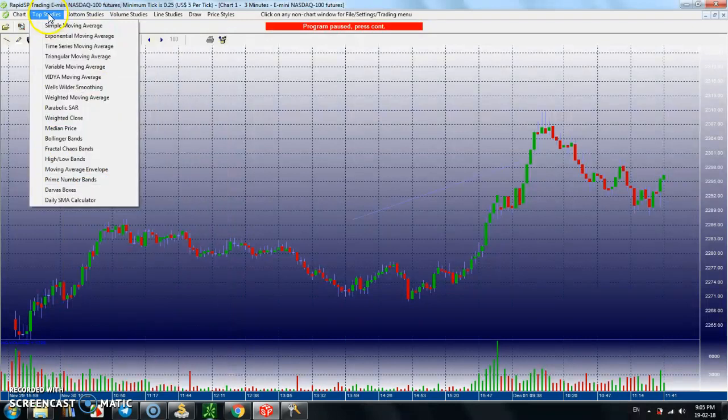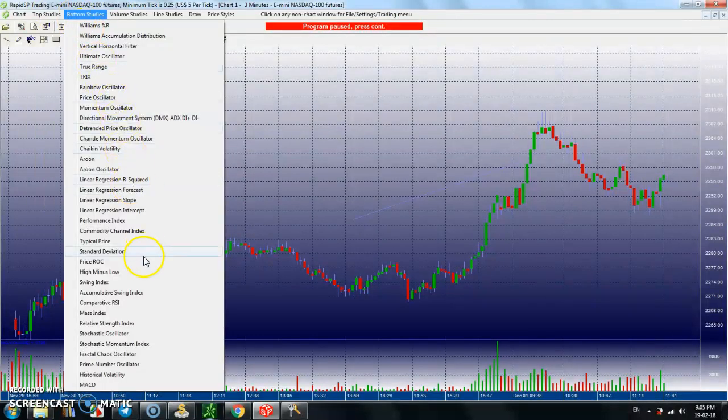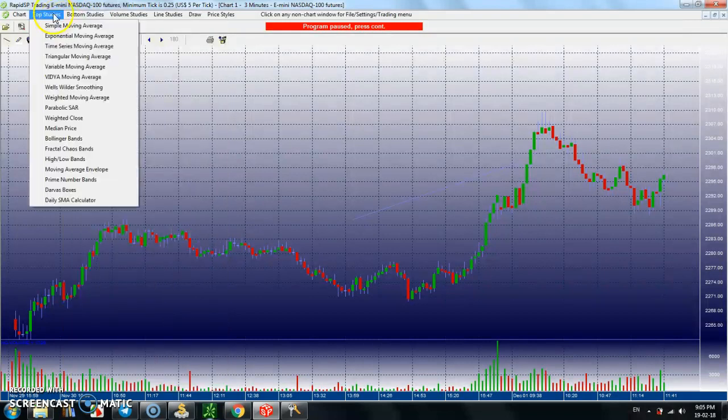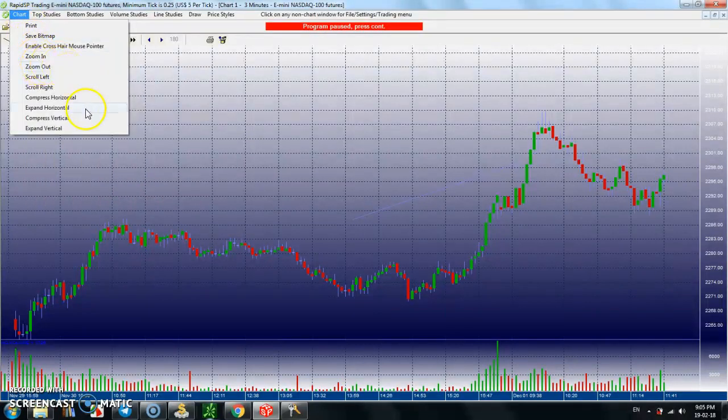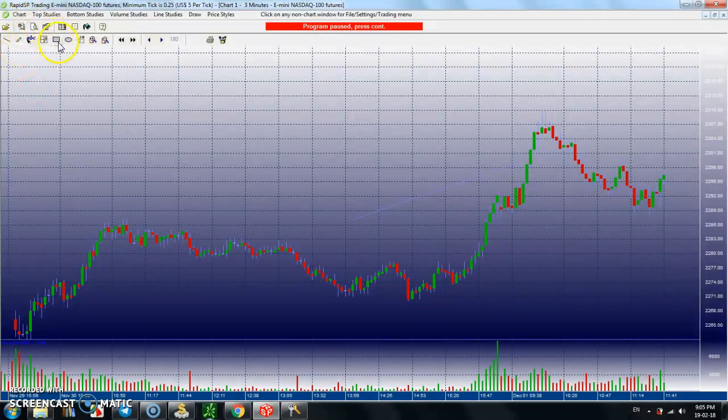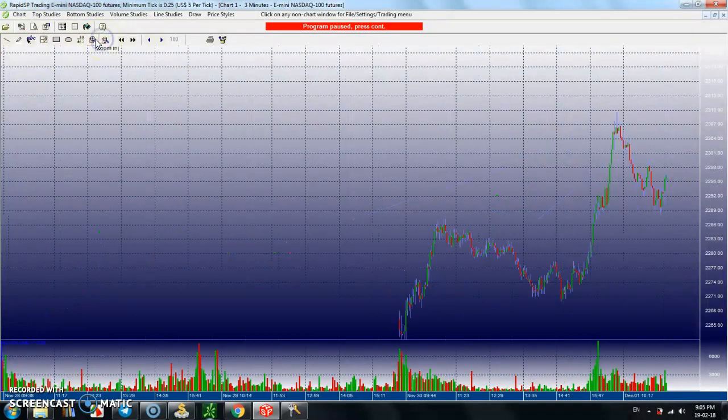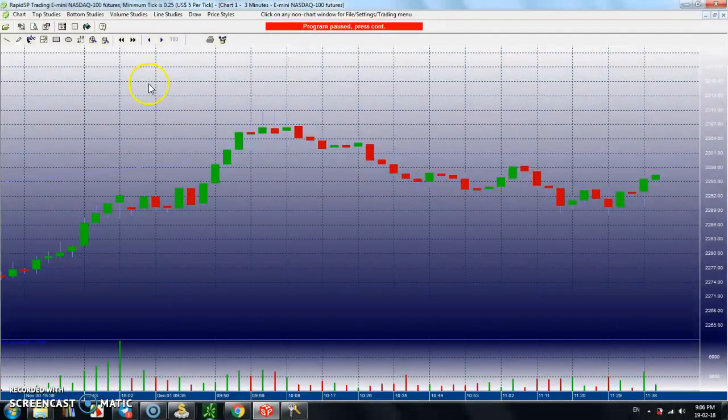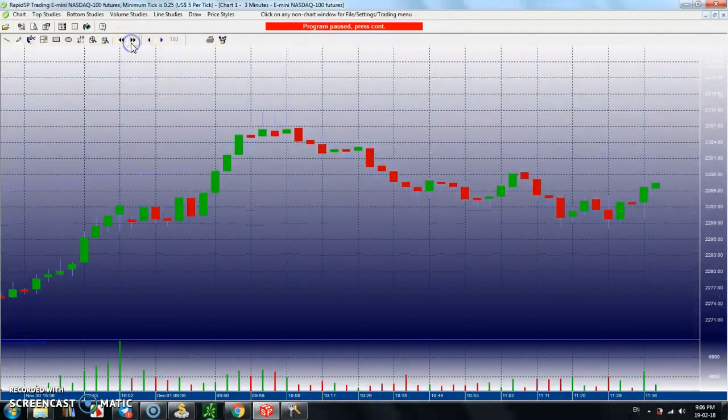You can slap on any popular indicators, all of that stuff the Forex teaching industry throws on us: simple moving average, EMA moving average, all kinds of different things. They probably even have Fibonacci.